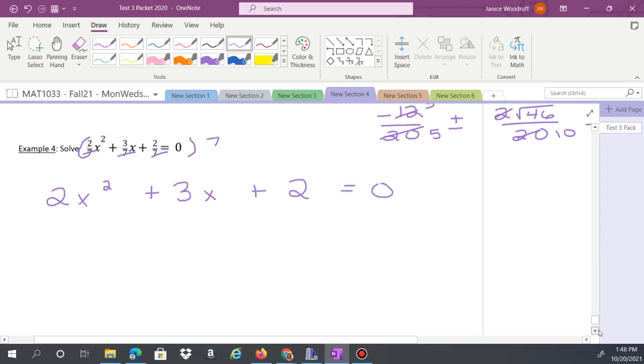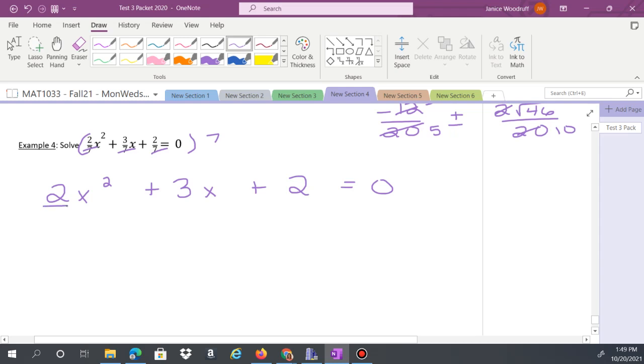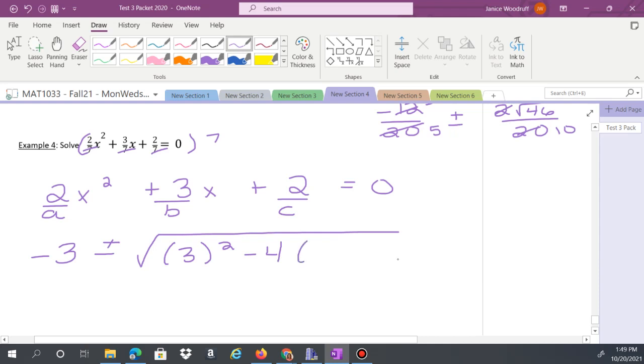So let's go ahead and do the quadratic formula for that. So you have A, B, and C. So we have negative B is negative 3 plus or minus the square root of 3 squared minus 4 AC, so 2 and 2, over 2a, so 2 times 2.